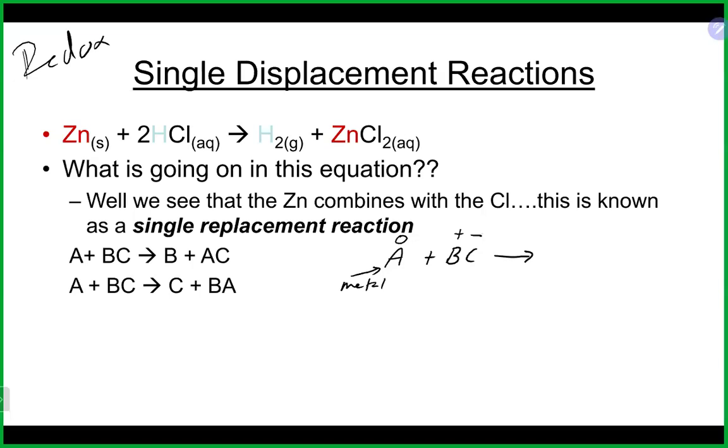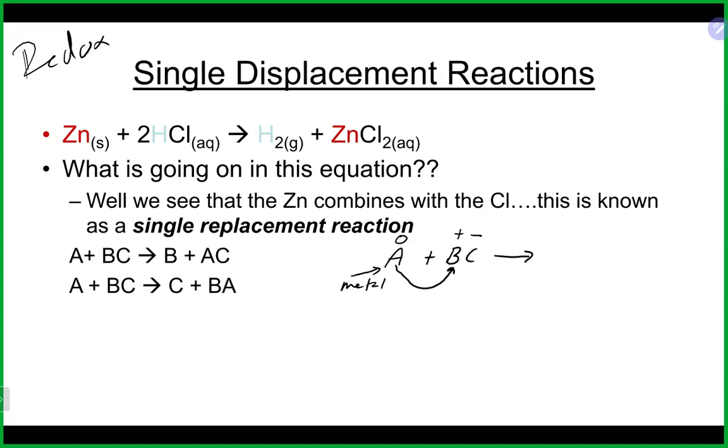And if this guy was a metal, it will come in and kick out the positive guy of that ionic compound. And that is because although the metal on the left-hand side does not have a charge, the one thing we know about metals is when it does get a charge, what type of charge should it have? Positive.